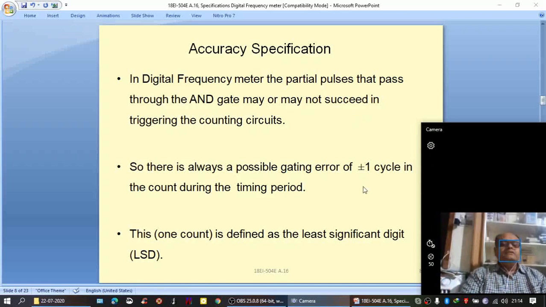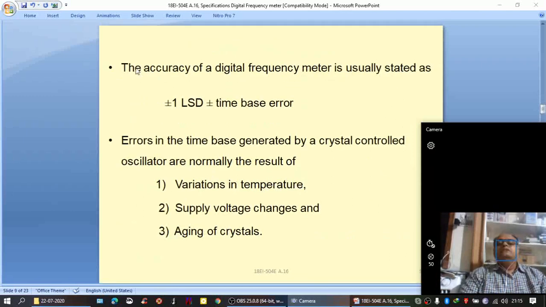So always there would be an error that is called gating error of plus or minus 1 cycle in the counting during that time period of the gating signal. This is defined as the least significant digit or one count error. The accuracy of a digital frequency meter is usually stated as plus or minus 1 LSD plus time base error.